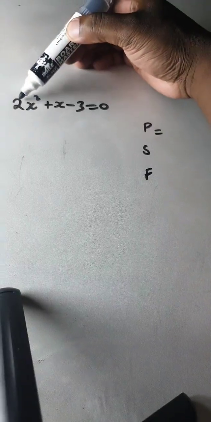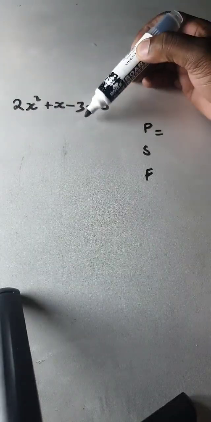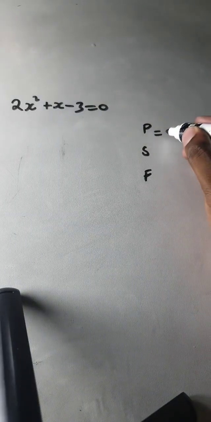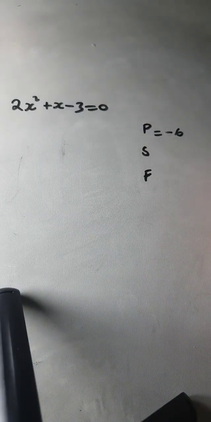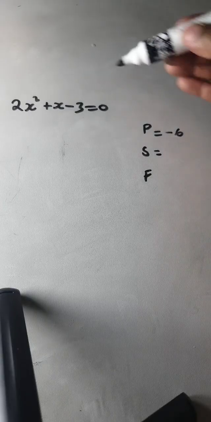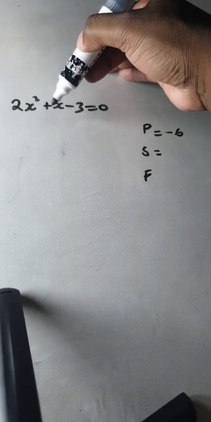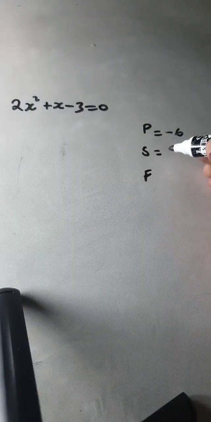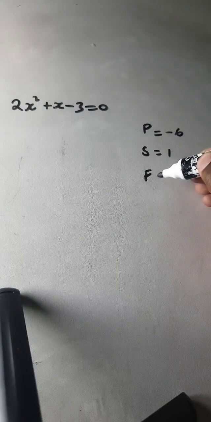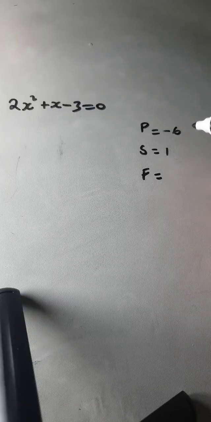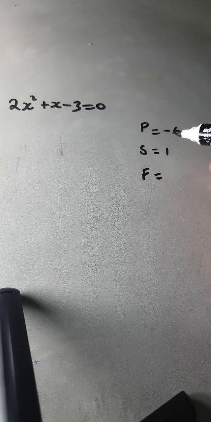It is the coefficient of x squared times the constant. So it's 2 times negative 3, it will give me negative 6. Then my sum is the coefficient of x. If there's nothing there, we say there's 1x. So our sum is 1. For the factors, I need two numbers that if I multiply, I'll get negative 6, but if I add, I get 1.